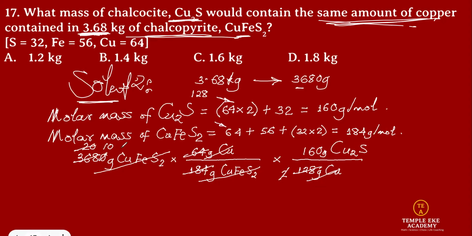And by multiplying 10 and 160, we get 1600 gram of that ore, Cu2S. And because our options are set in kilograms, we decide to divide by 1000 to get our final answer, which is 1.6 kilograms of Cu2S. And this is our final answer, right there in option C.